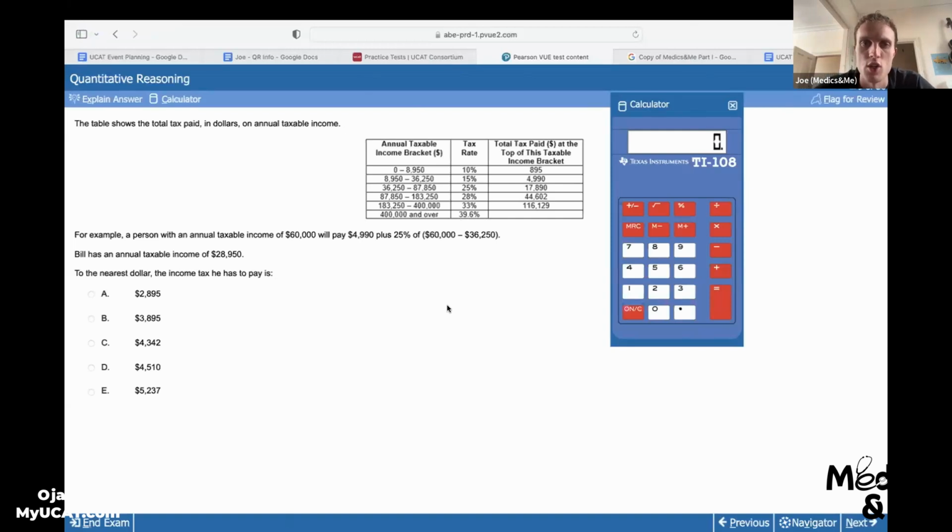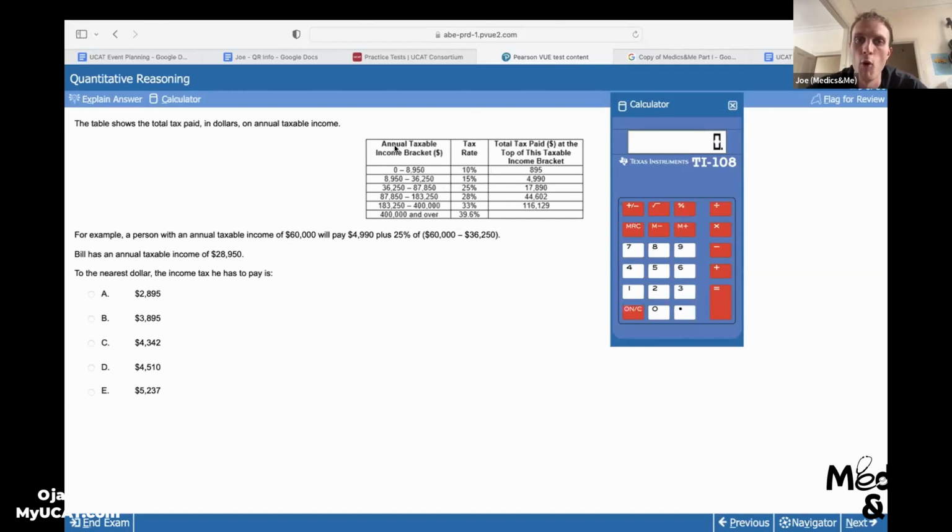So here we've got a question, and we've got a number of tax brackets on the screen in the table. So the key here is you really want to identify what tax bracket this person falls into. So we've got their annual income here, 28,950. And the key is understanding how taxes work. So don't ever fall into the trap of thinking that someone is only in one tax bracket.